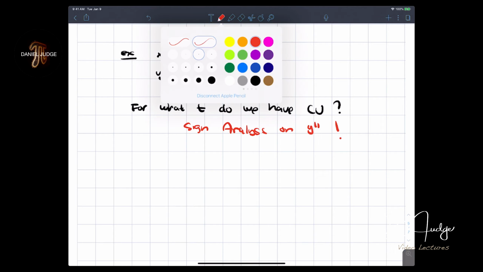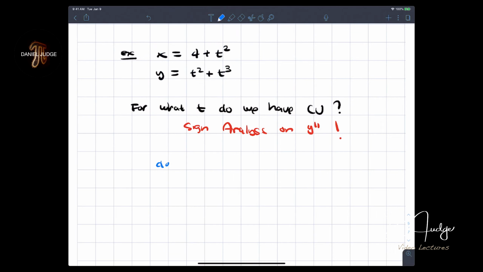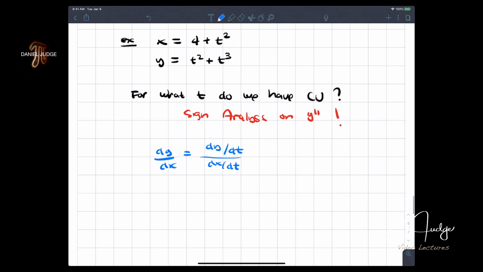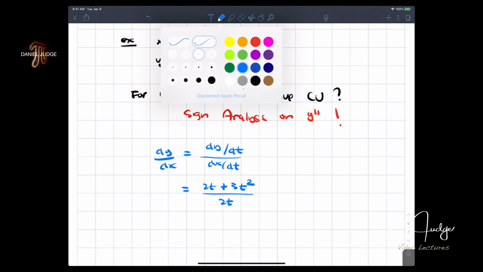So that's what you'd have to do, sign analysis on that second derivative. All right, so if you're going to find a second derivative, you need a first derivative. So dy/dx becomes dy/dt over dx/dt. I can say dy/dt is 2t plus 3t squared. dx/dt looks like it's just 2t. So double check here, right?